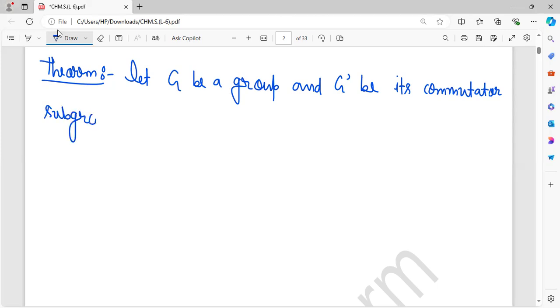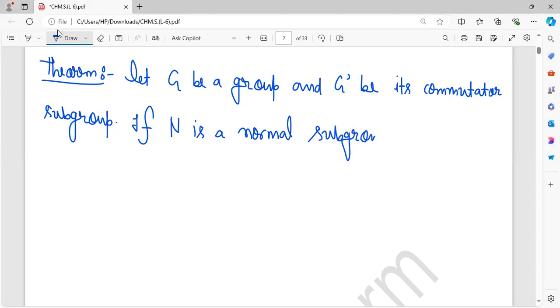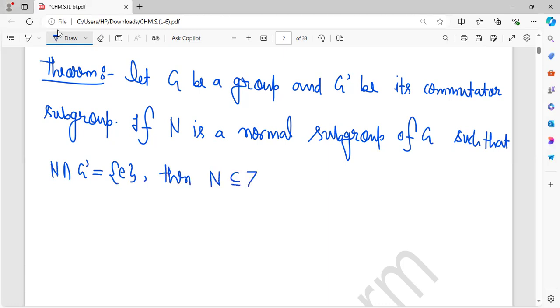Okay, if N is a normal subgroup of G such that N intersection G dash, the commutator subgroup, is nothing but the identity element, then N is contained in Z, where Z is the center of G. So let's prove it.